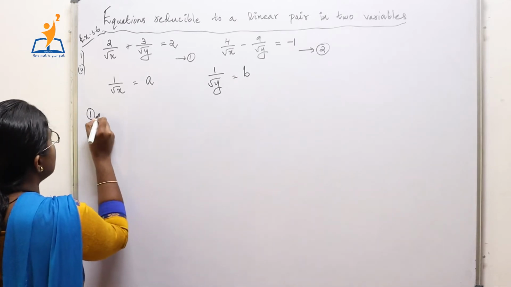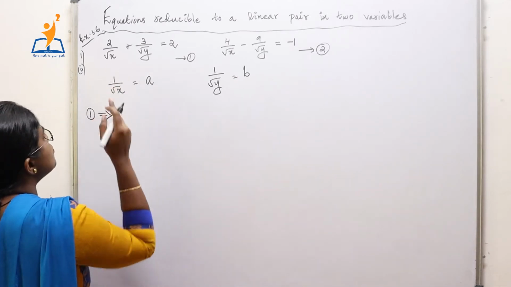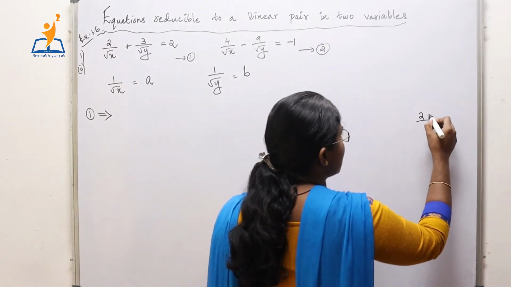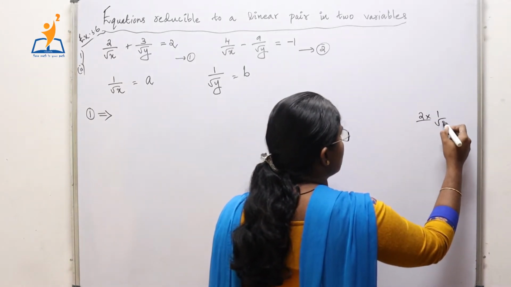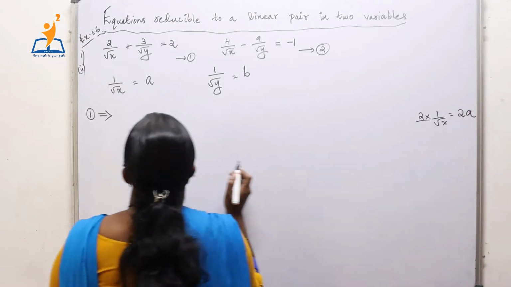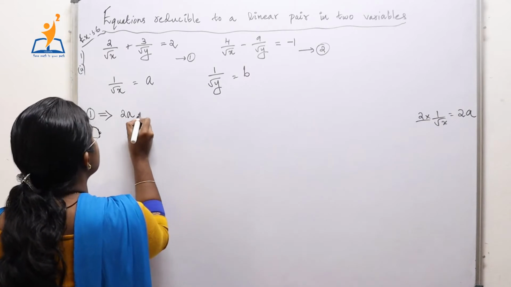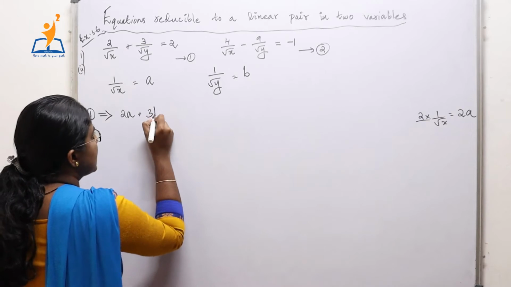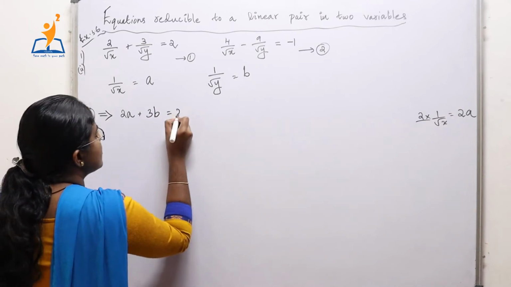Now equation 1 will become like this. What is 2 by root x? 2 by root x can be written as 2 into 1 by root x, which is 2 into a. So it will become 2a plus, similarly, what will be 3 by root y? It will be 3b, which is equal to 2.